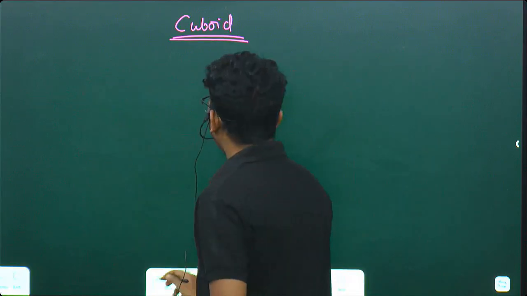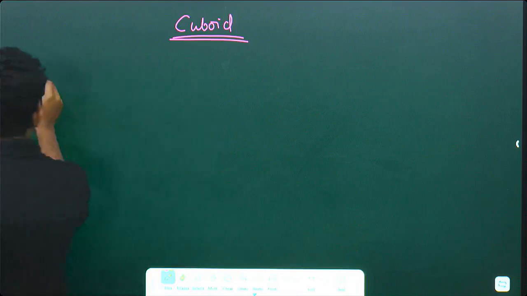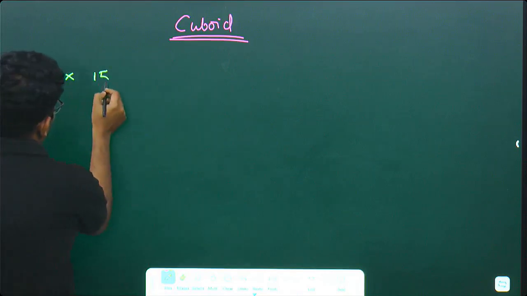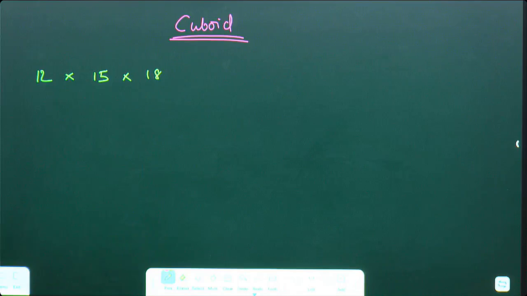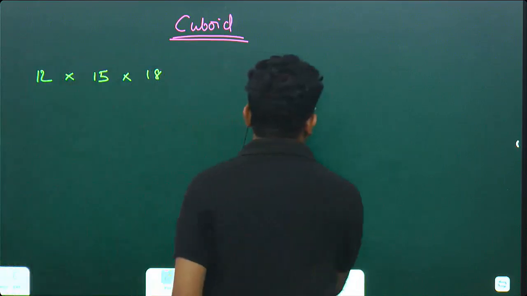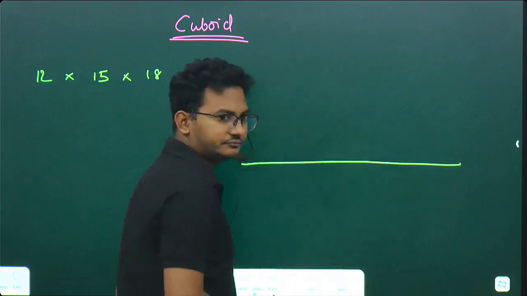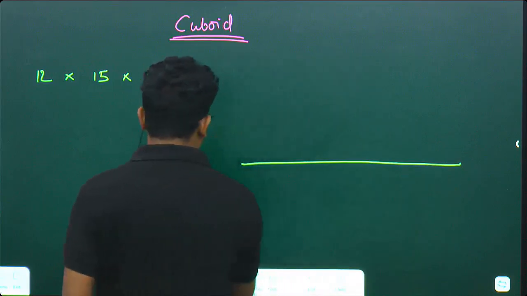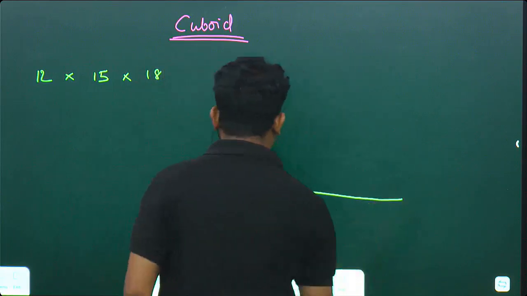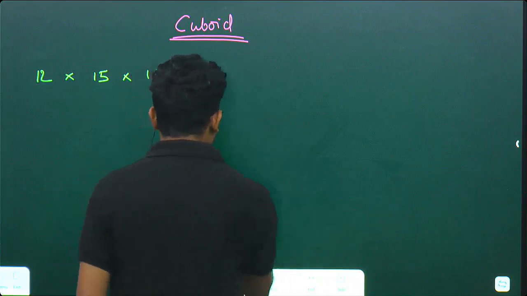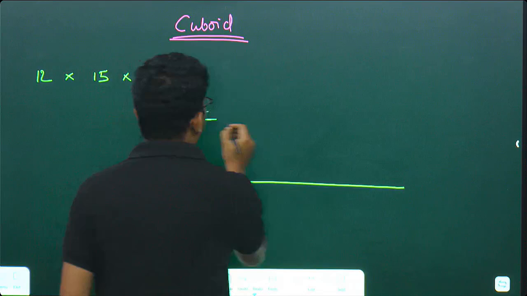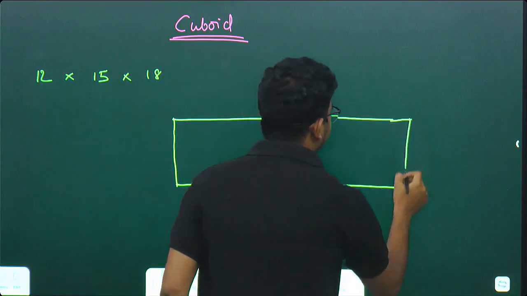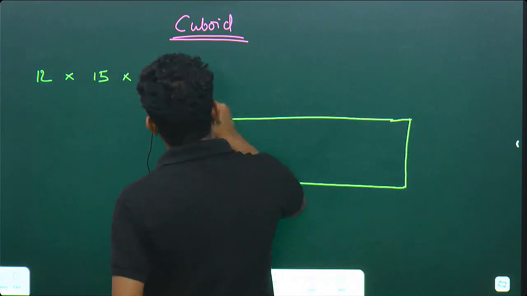Let's say I have given you a cuboid of 12 into 15 into 18. Which means this is 18, this is 12, and now this is 15.